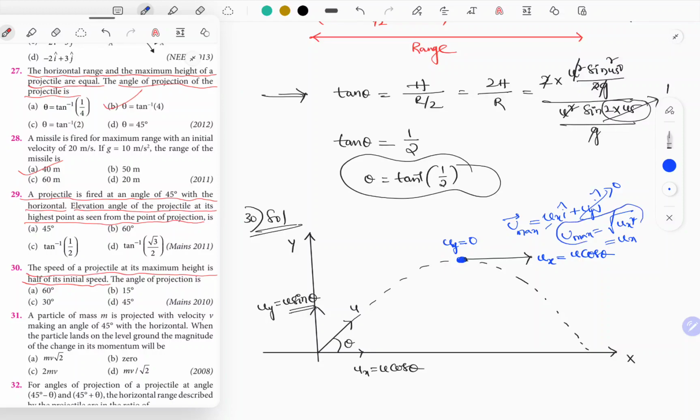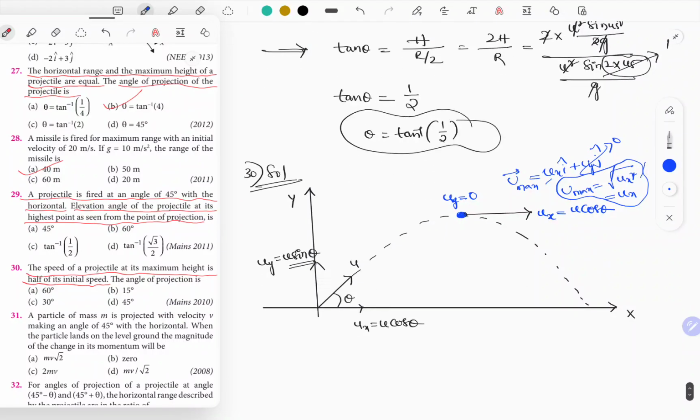That is going to be the speed at maximum height. So speed at maximum height is u cos theta. What is the initial speed here? They are not asking velocity. Initial speed is equal to u. Initial velocity is different. If they ask you initial velocity, it is nothing but components: u cos theta i cap plus u sin theta j cap. This is the representation of initial velocity.